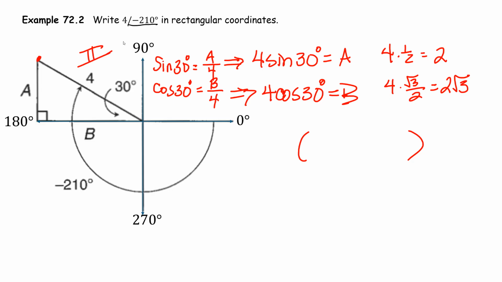In the second quadrant, X is negative because when you start to graph a point here, you go left and up. So second quadrant will have a negative X and a positive Y. Negative 2 square root of 3, 2. And those are your rectangular coordinates. Make sure they're in parentheses with a comma between them.